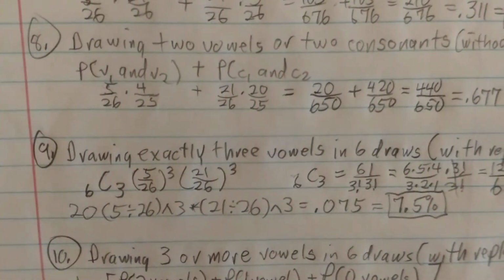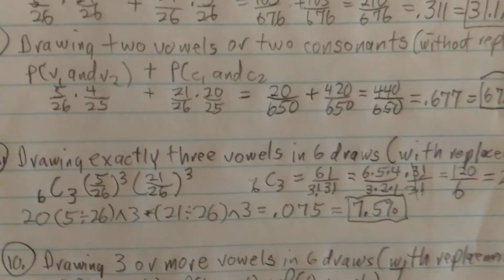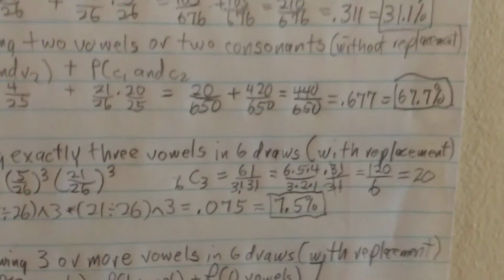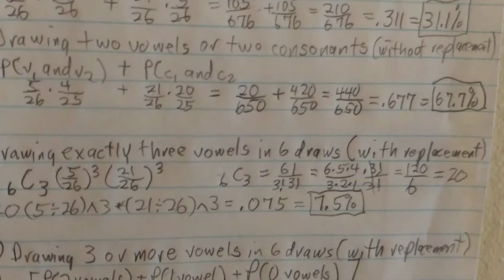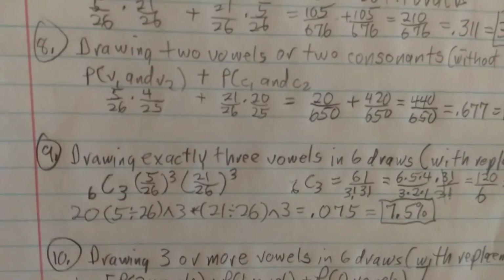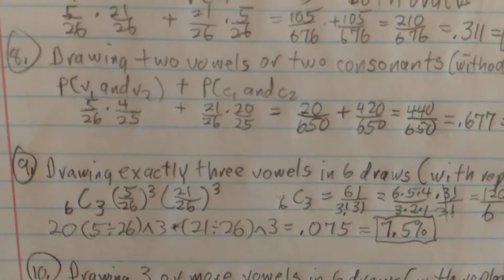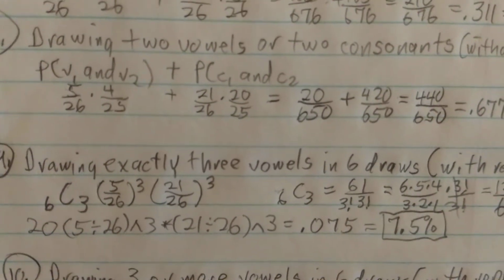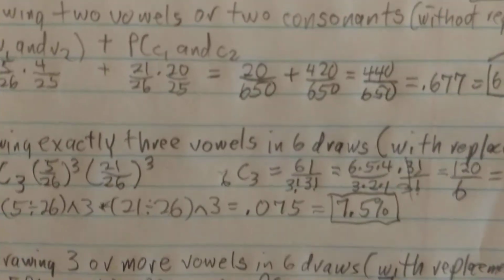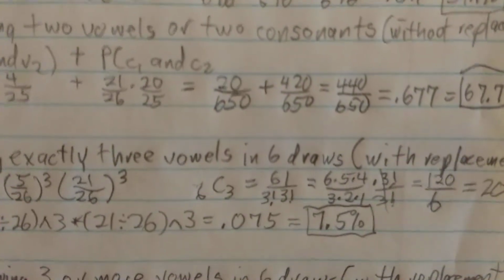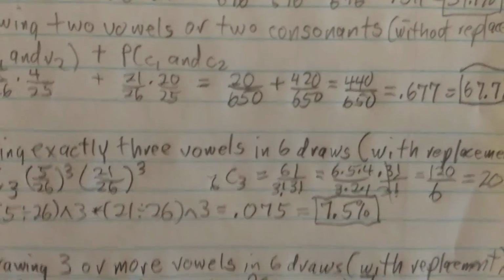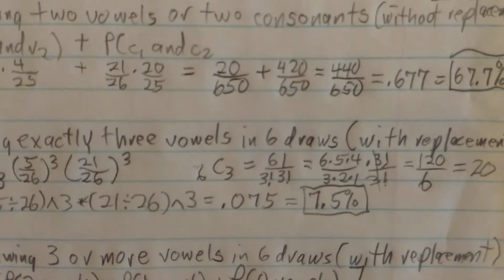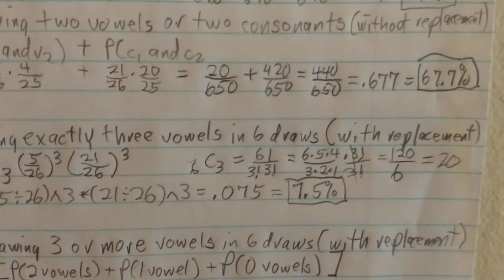Now, problem 8 was the probability of drawing 2 vowels or 2 consonants, now without replacement. That's where we drop one on the denominator each time. So the probability of the first being a vowel and the second being a vowel is 5 over 26 times 4 over 25, plus the probability of the first being a consonant and the second being a consonant would be 21 over 26 times 20, one less consonant, over 25, one less total.